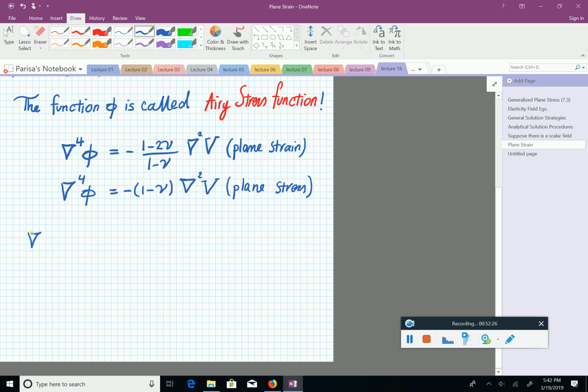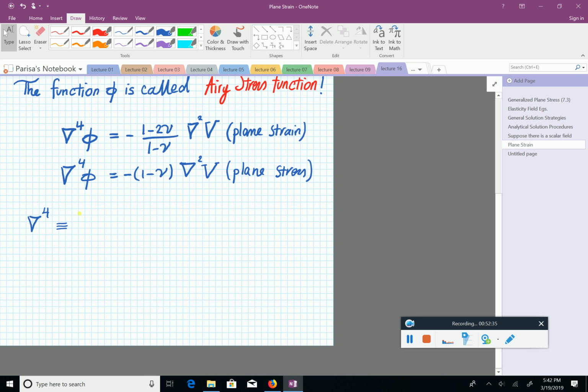So if you want to define this Laplacian squared, which has a name, if you compare to the previous formulation, this is how it is defined, and sometimes it's called the biharmonic operator.